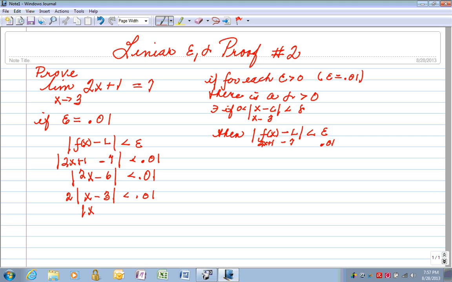You divide by 2. And if in our if statement we get x minus c is less than delta, that means that for epsilon equaling 0.01, delta is 0.01 over 2, half of it.